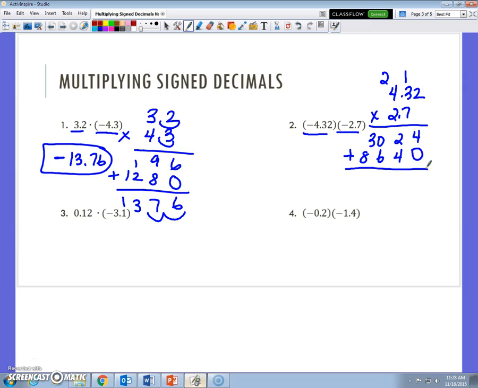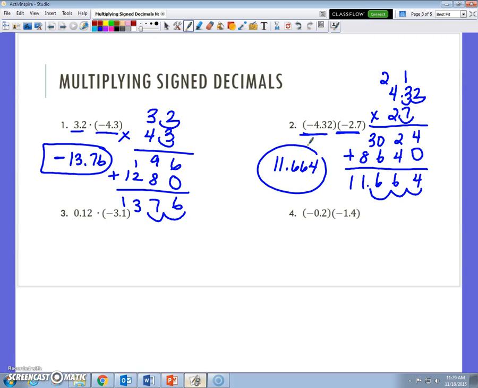And I add these numbers together. 4 plus 0 is 4. 2 plus 4 is 6. 0 plus 6 is 6. 8 plus 3 is 11. So there we go. Now, don't forget, this is important as well. We have 1, 2, 3 decimal places, so I'm going to move it 1, 2, 3 decimal places. I know my outcome is positive because a negative times a negative is positive. So I'm going to say 11.664. And there you go.